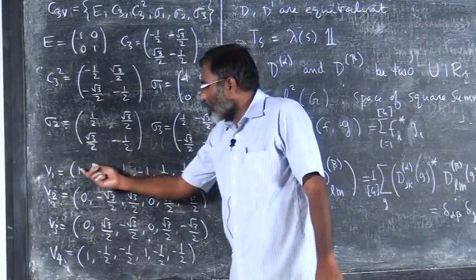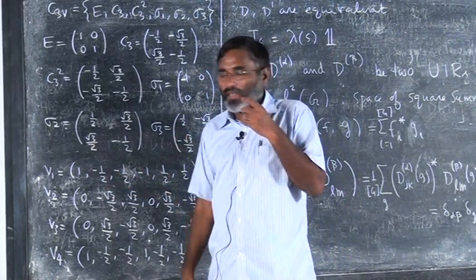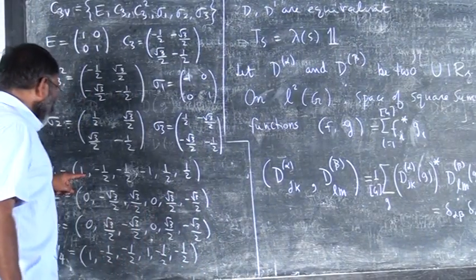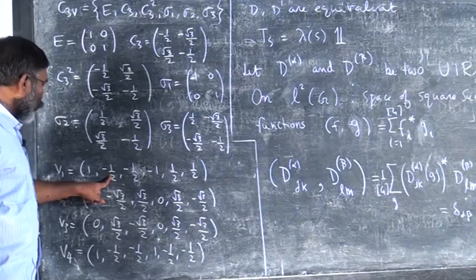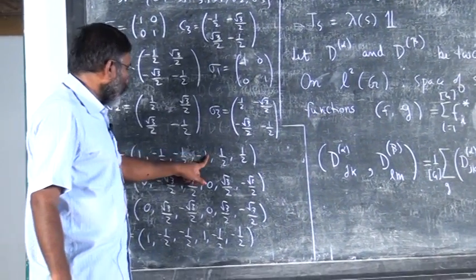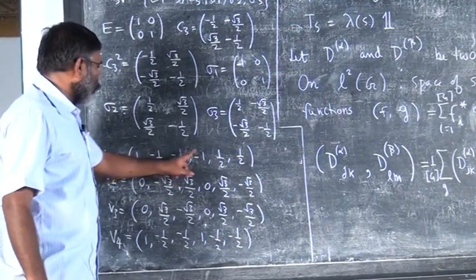But if you dot this vector with itself, then what will you get? You will get 1 plus 1 by 4 plus 1 by 4 plus 1 plus 1 by 4 plus 1 by 4.